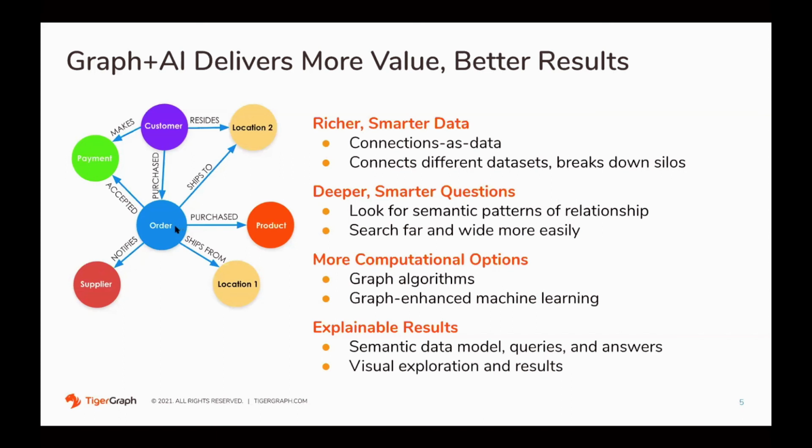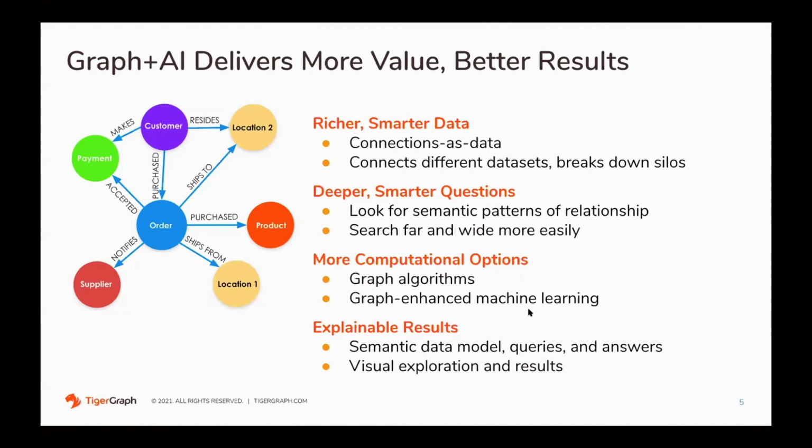And because of its performance characteristics of following connections very fast, very efficiently, you'll be able to ask more complex questions and get those answers in real time. You'll have more computational options. I'm going to go over graph algorithms today, and my colleagues are going to go over graph enhanced machine learning.